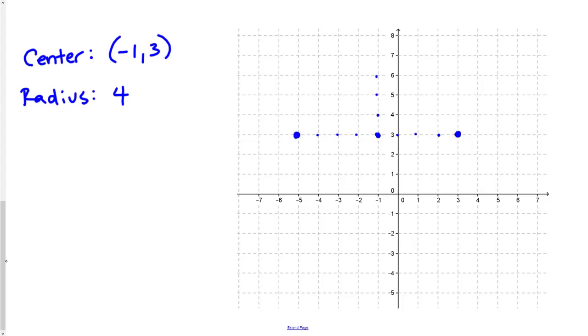Above and below. So my circle is going to pass through these points here, and I'll do my best to draw a reasonable looking circle here. That's not too bad at all. So now I've graphed my circle.